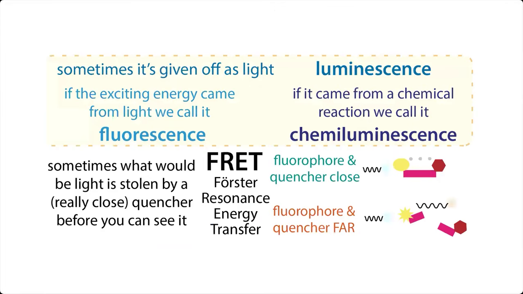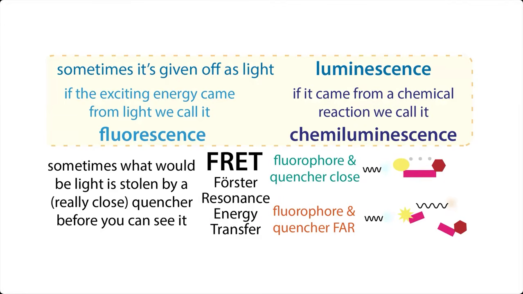And some of them will actually do this thing called FRET, where they will absorb what would have been given off as light. Remember that light is just little packets of energy traveling in waves, so some molecules will absorb one wavelength of light and let off another wavelength, but another molecule might actually absorb that wavelength of light that was given off.